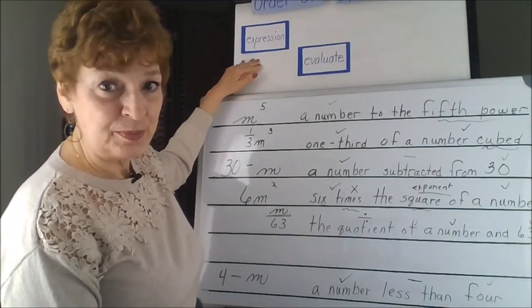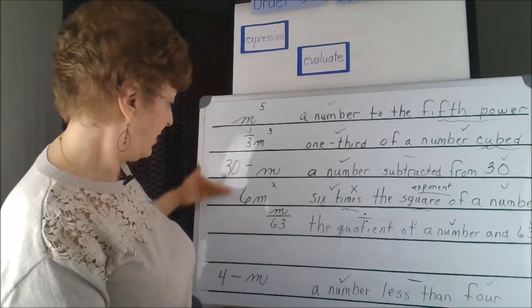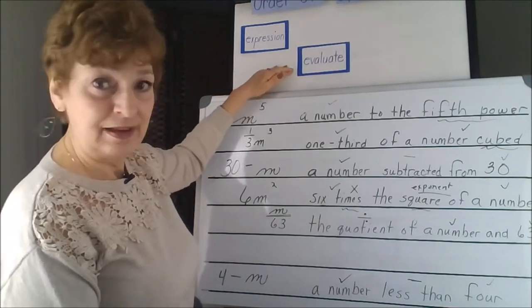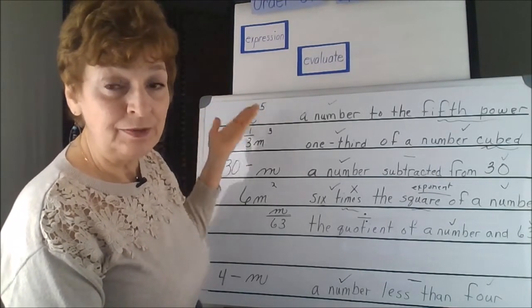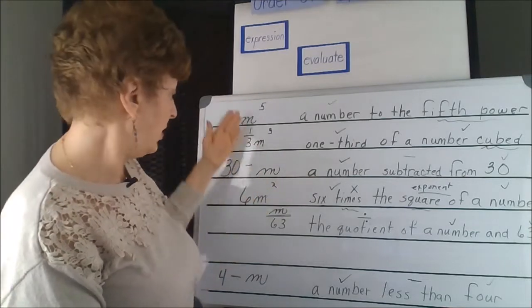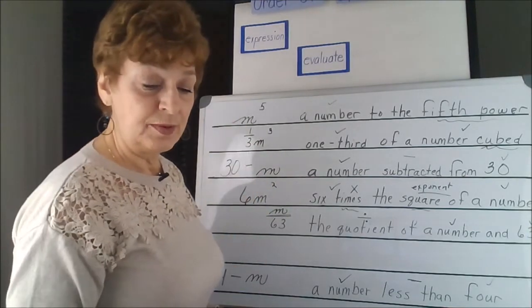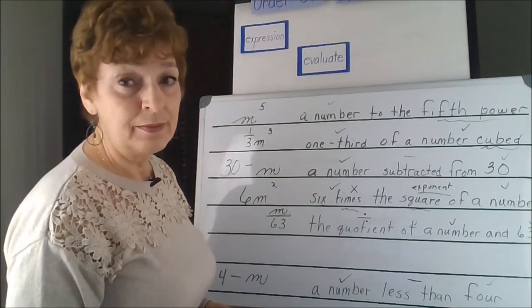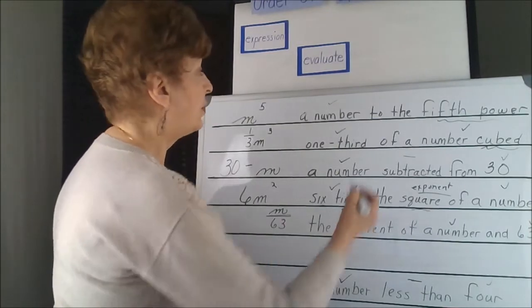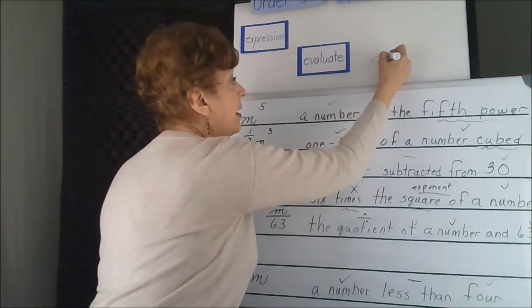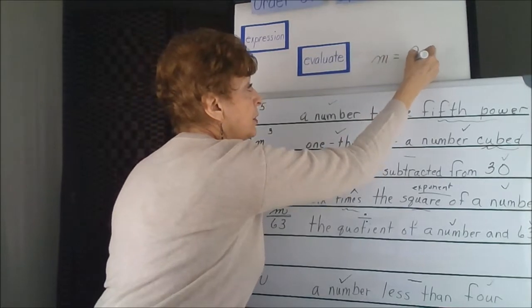After you get your expression, like we did here, you can actually evaluate the expression if you know a value for your letter. So if we called m by a value, perhaps we would go m is equal to 2.